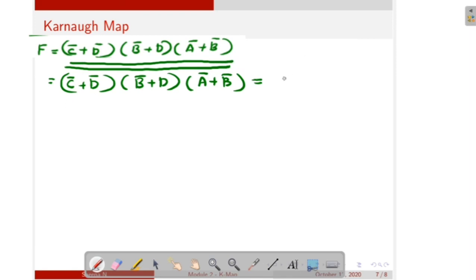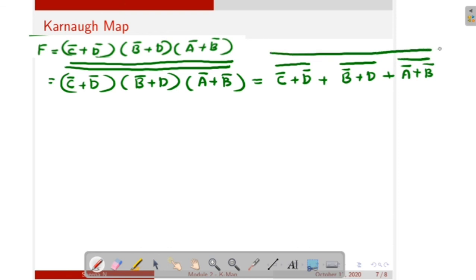Next we apply De Morgan's theorem. So C bar plus D bar whole bar plus B bar plus D whole bar plus A bar plus B bar whole bar, whole bar.